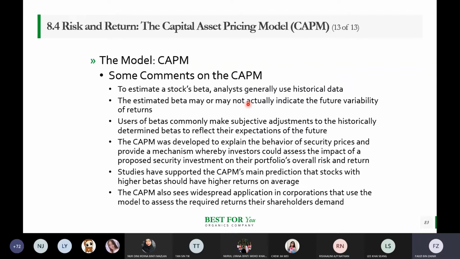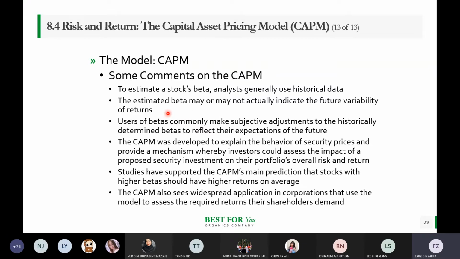Maybe the beta cannot be used anymore, so you have to look at how the company is doing right now as compared to how you expect the company to do in the near future. So the beta is only as good as the formulation.